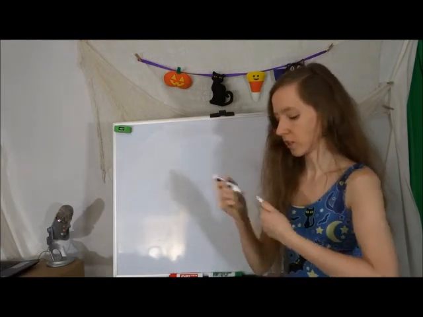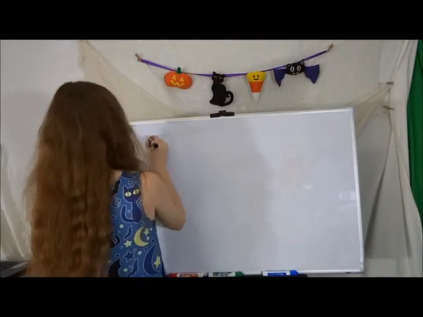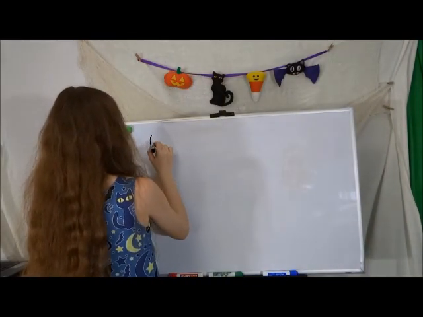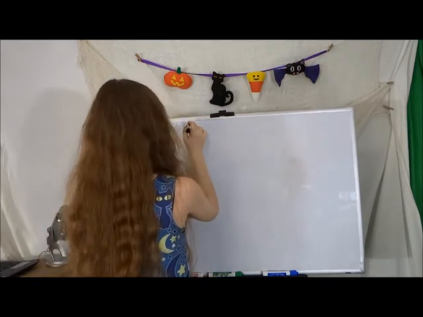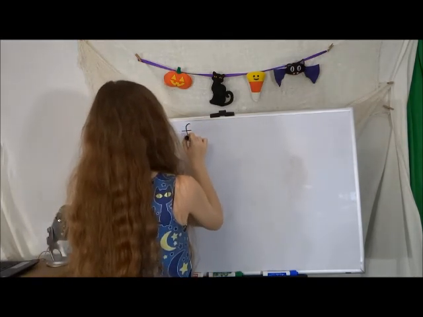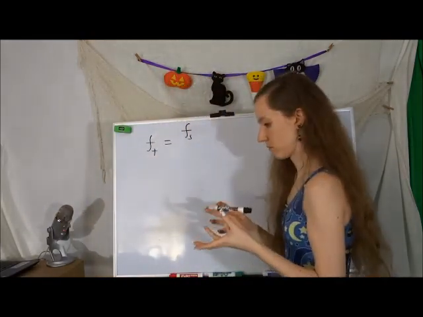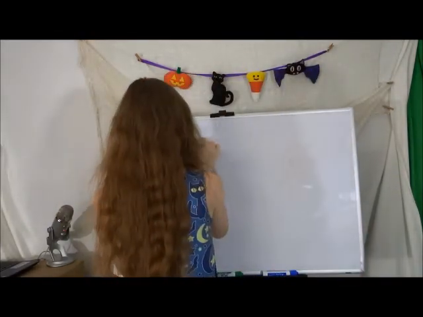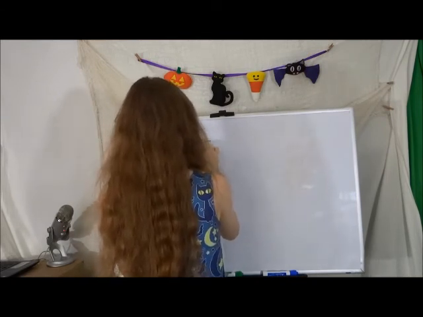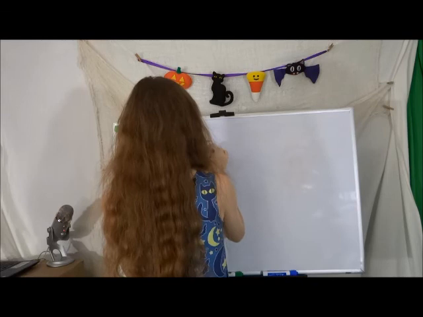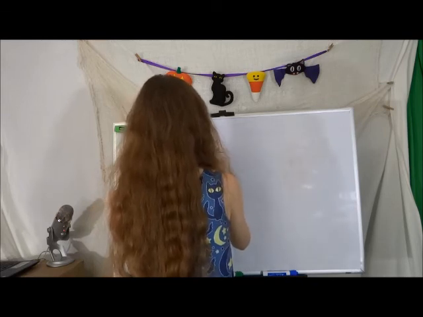So the equations look like this. When we have an object coming toward us, our frequency is given by the frequency of when it's stationary divided by 1 minus the speed of our source divided by our wave speed.